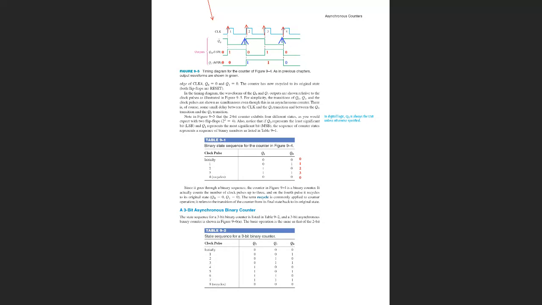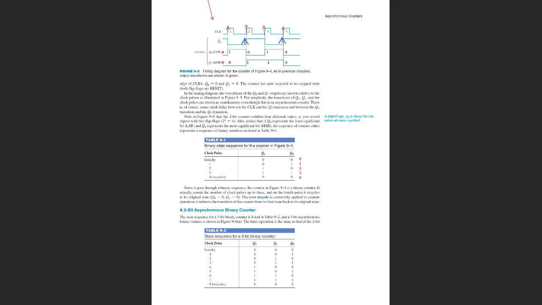Let's see the timing diagram, which explains a lot. So on top we have clocks 1, 2, 3, and 4. We have also Q0. As you can see, Q0 is changing its state at every clock positive slope. So we have 1, then 0, then 1, then 0. Change happens at every clock.